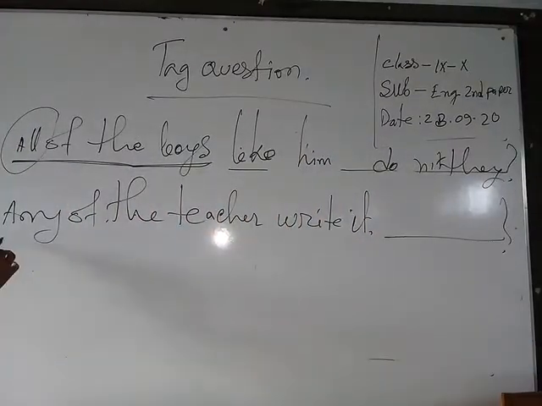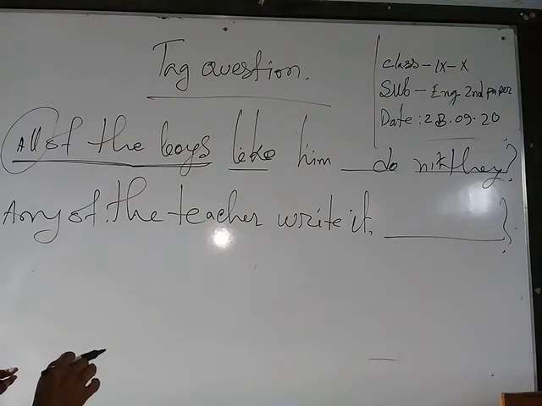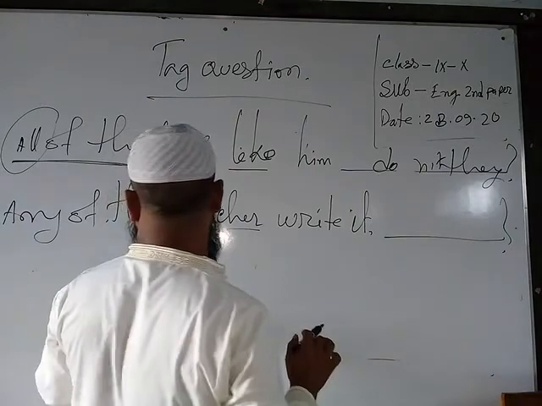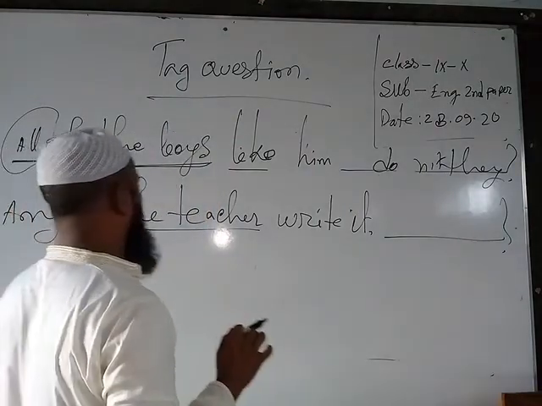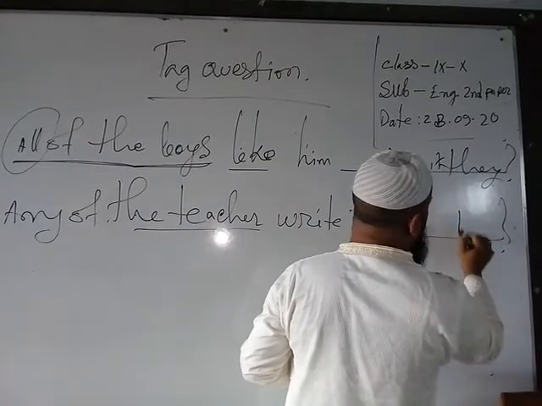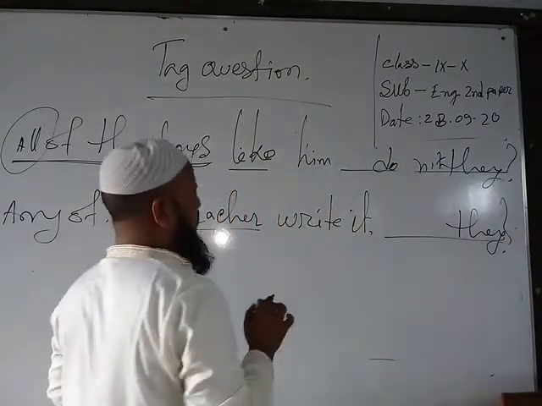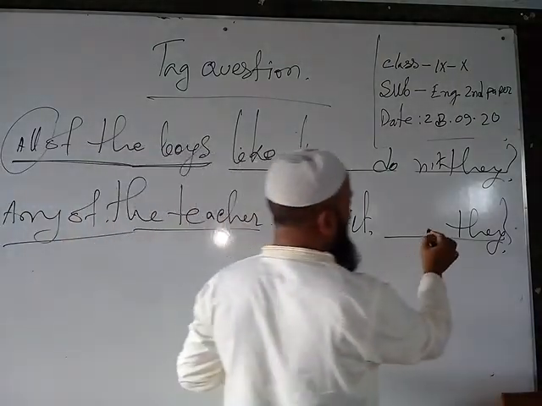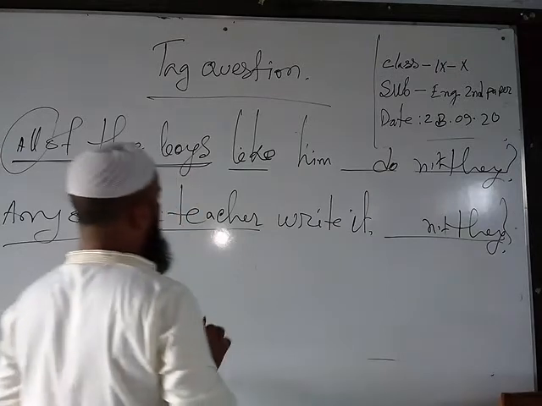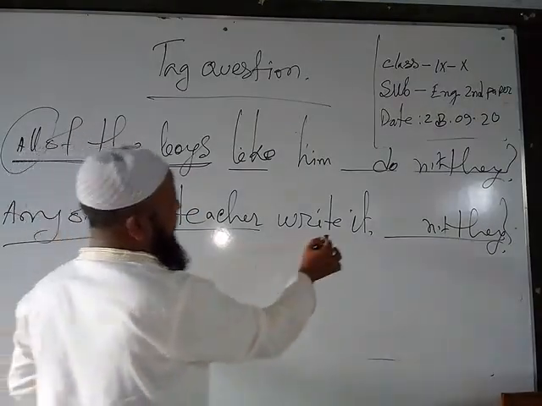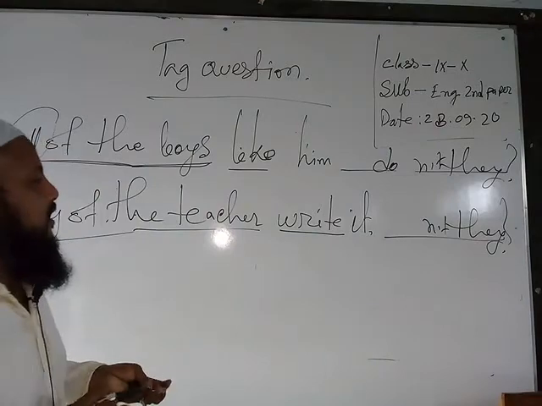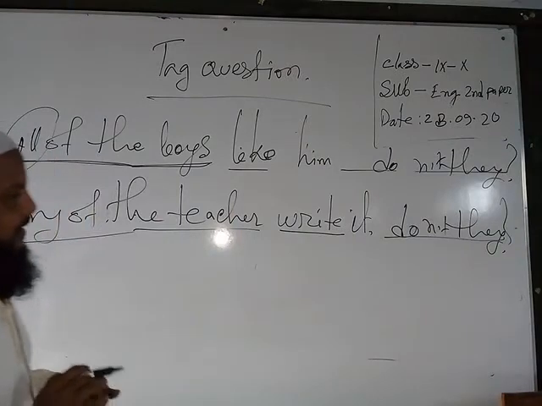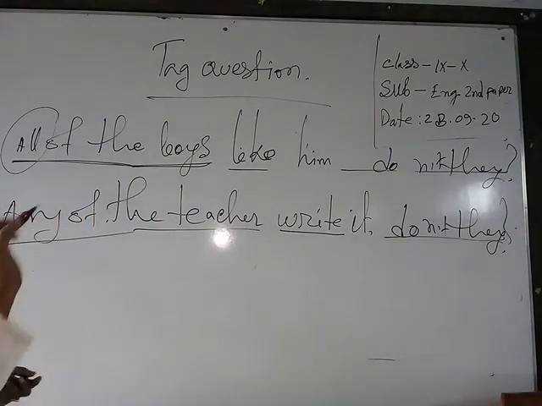Here any of the teachers, any of, some of, none of, all of, then the subject is the plural form, so we use they as the subject of the tag question. This is an affirmative sentence, so we use not, and there is no auxiliary verb here. The main verb is write, so we use do. This is the right answer: don't they.